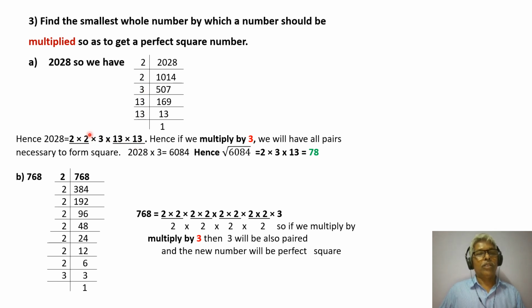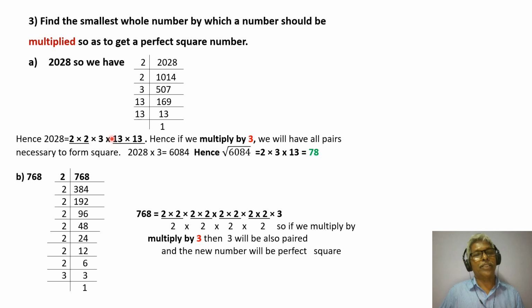2028 is equal to 2 into 2 into 3 into 13 into 13. Now this is a pair. This is a pair, but this 3 doesn't have any number to pair it. So if we multiply this by 3, then this 3 will also have a pair. So there will be 3 pairs: one of 2, another of 3, another of 13.